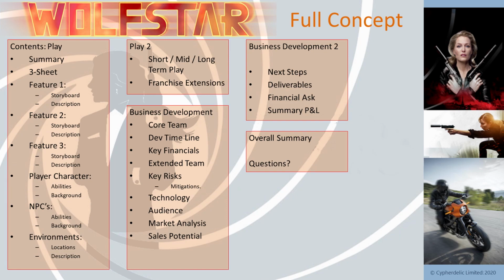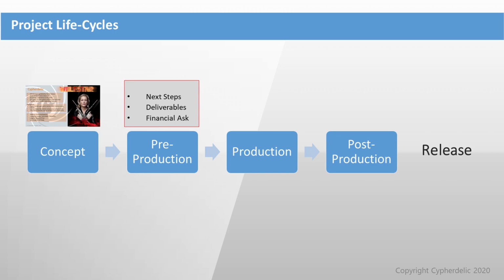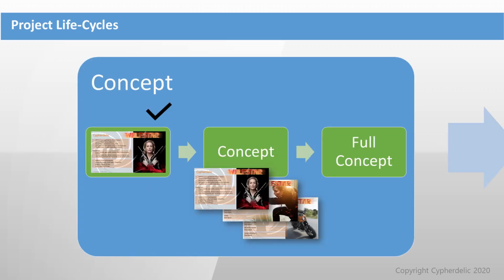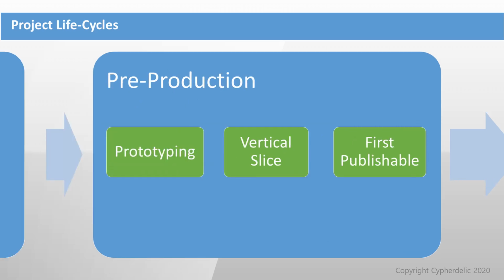And business development too will form the basis of what you're trying to do in pre-production. Because of course, when all of the full concept is filled out, our studio head green lights it, other people involved in the project green light it, and we go into pre-production. And again, there are different ways to do things.